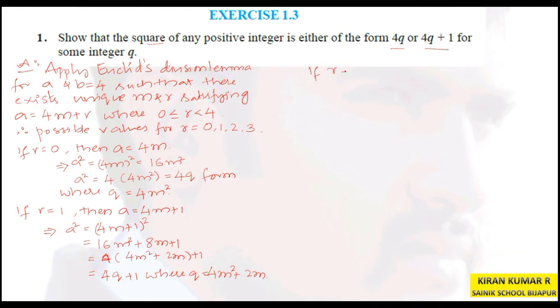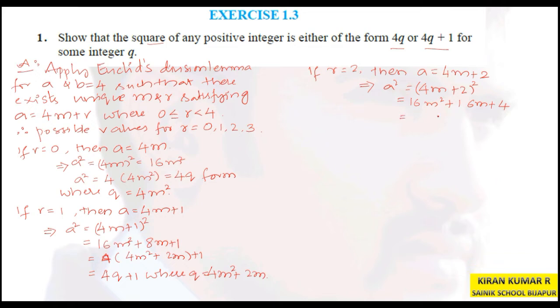Let me continue this part. If r is equal to 2, then a becomes 4m plus 2. Now by squaring on both the sides, a square will be equal to 4m plus 2 whole square. Expand the right hand side, we get 16m square plus 16m plus 4.